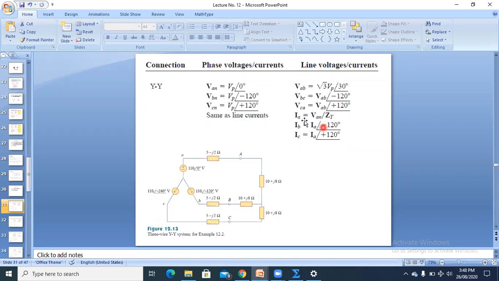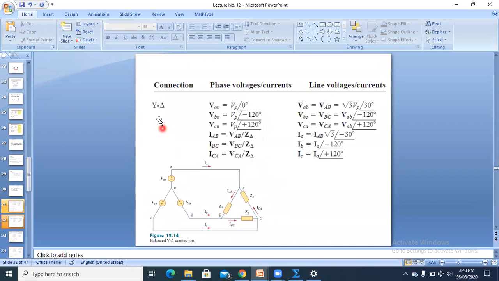So in this system, when we calculate the line currents, the phase currents are the same as the line currents, right? So the most common form of the system is the Y to delta connected system, where the source is Y connected and the load is delta connected.